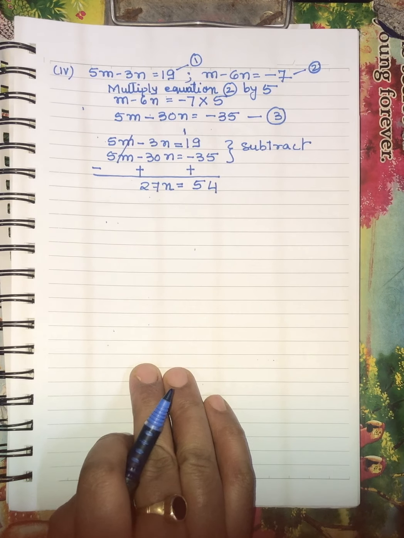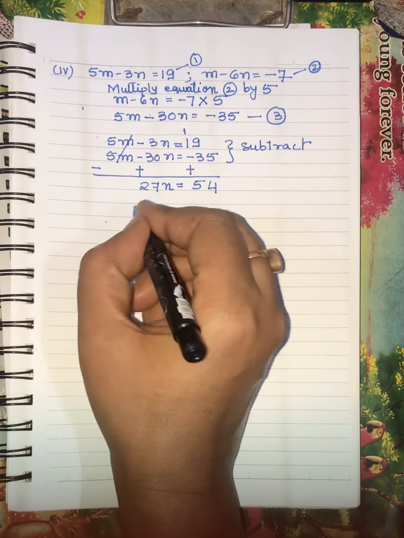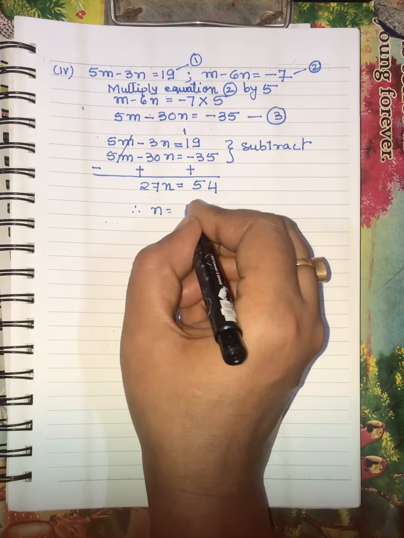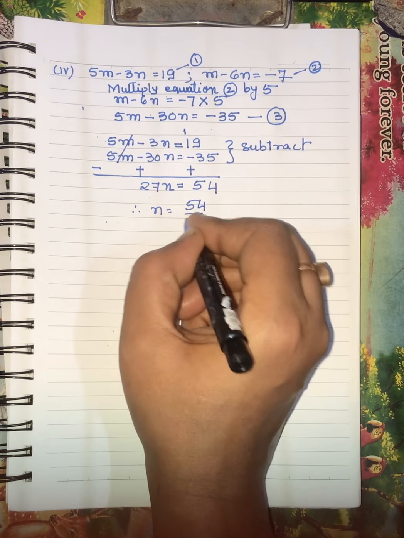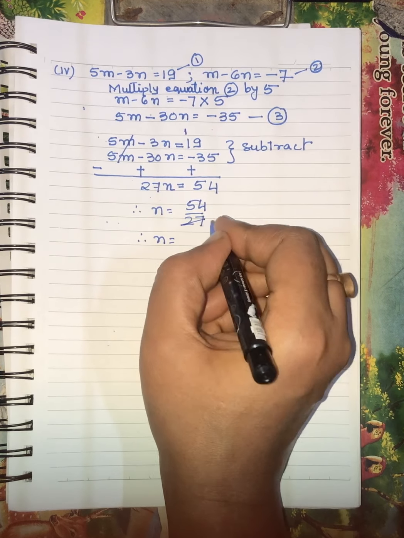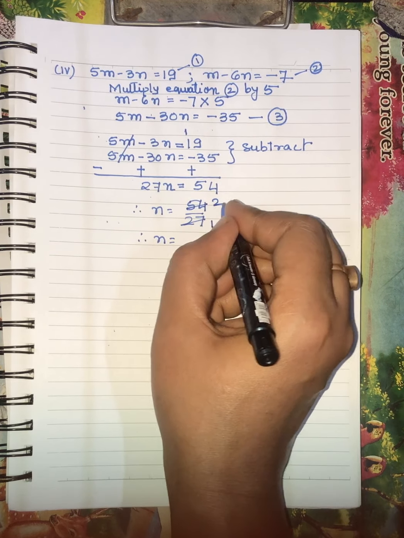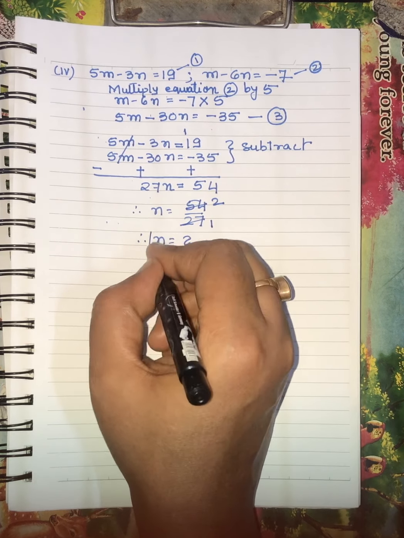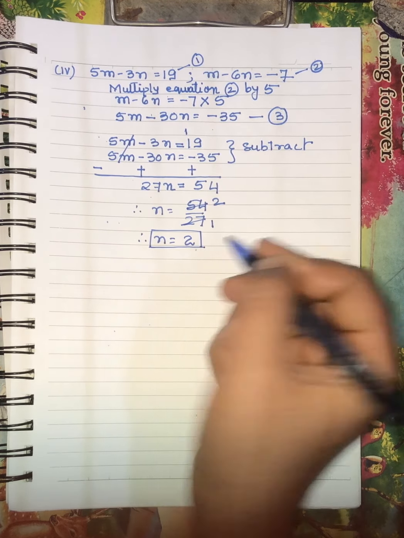We are going to add both because both are positives. Therefore, n is equal to 54 upon 27. Hence, 27 one times, 27 twice. So n is equal to 2.